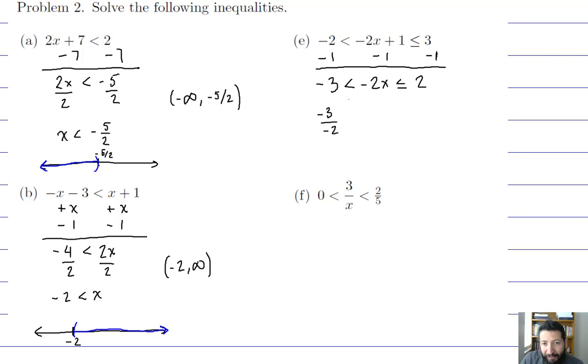Now, this would be less, but remember I'm dividing by a negative, so it's going to become greater than, and then I'm going to have my negative 2x over negative 2, and then this one will be reversed as well, so greater or equal than 2 over negative 2. And at that point, I operate here, I get 3 halves is greater than x and is greater or equal than negative 1.